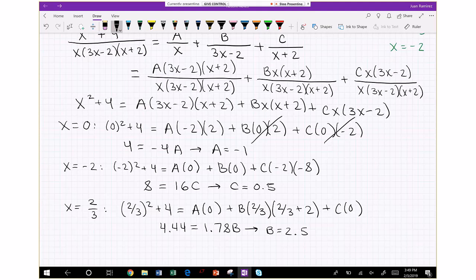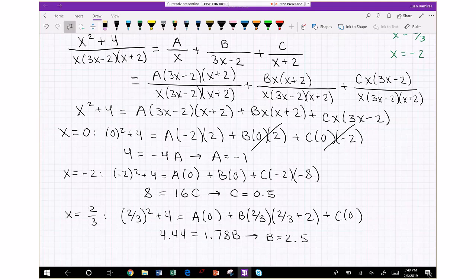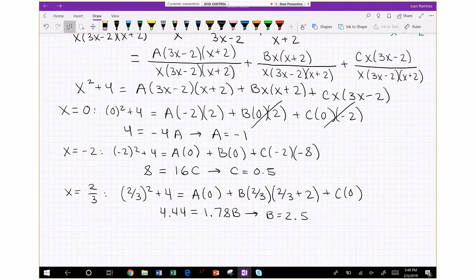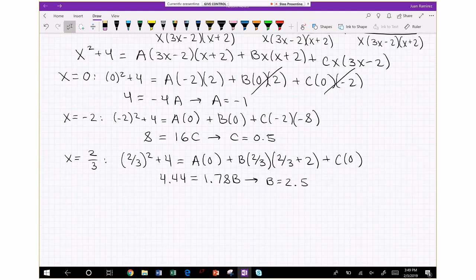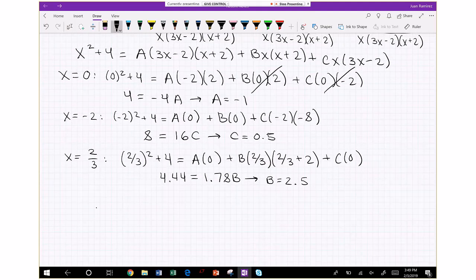Then we look at our original expression, x squared plus 4 divided by x times 3x minus 2 times x plus 2. That's equal to all those three terms that had the a, b, and c. Now I'll just rewrite those. What was a? a was -1, so -1 over x.